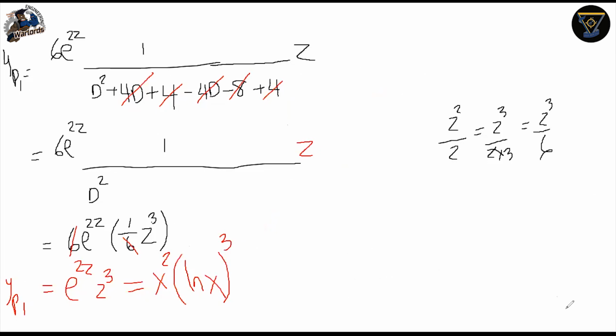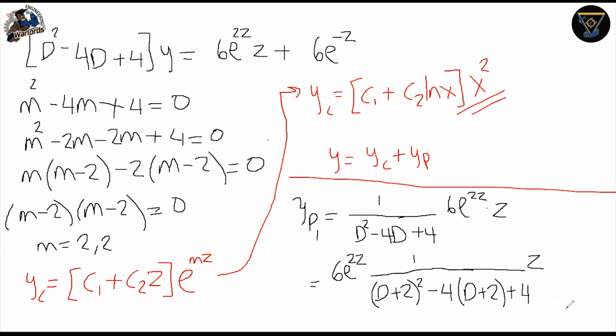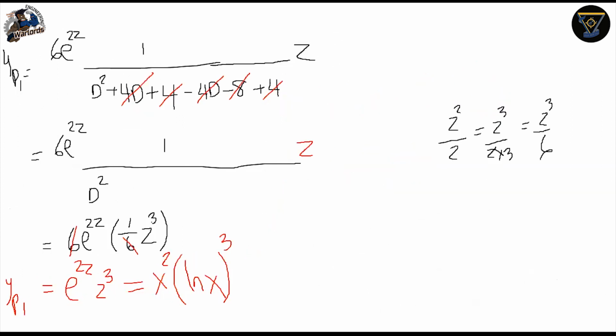So we have yp1. Now we need to find yp2. Yp2 is what we're going to find here, which is 6e to the minus z, and we have the 1 over, so this is our yp2.